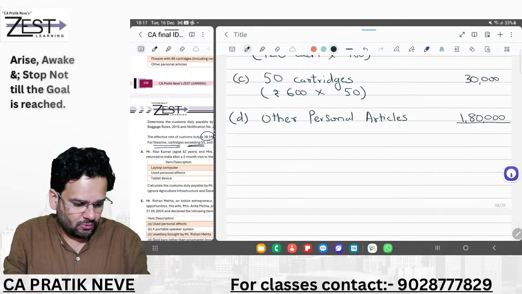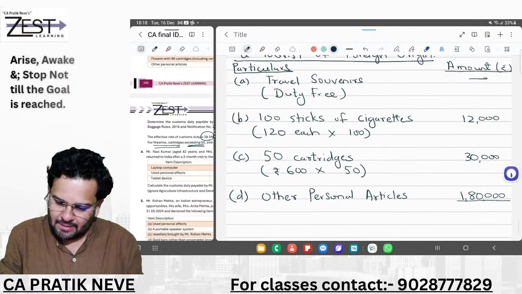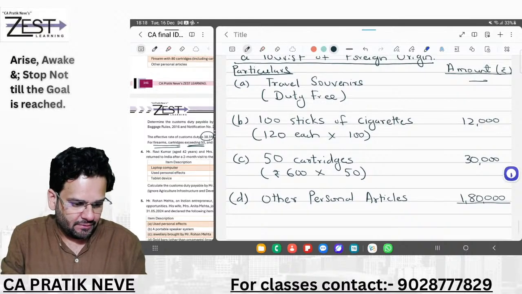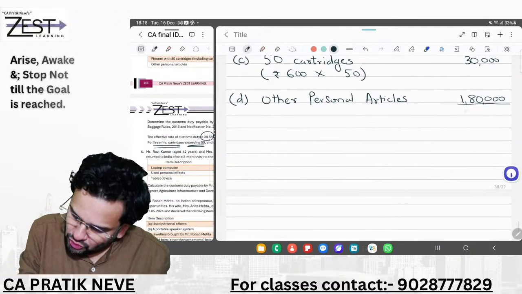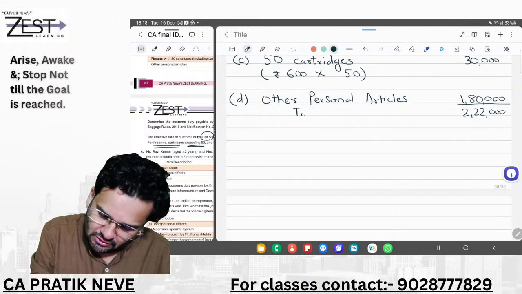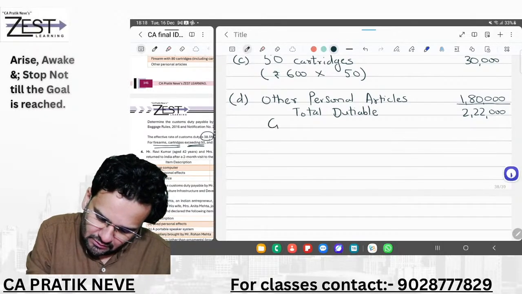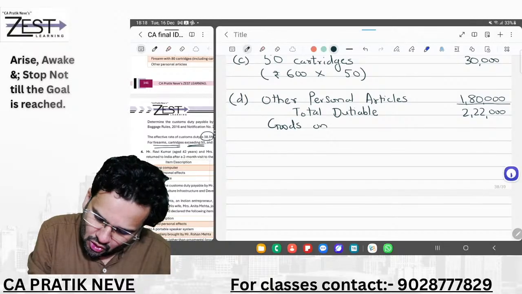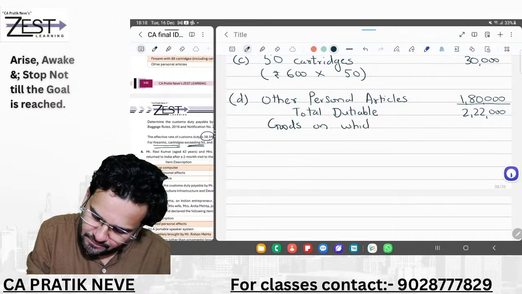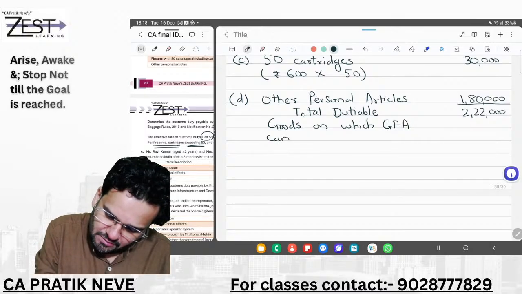Total comes to 180 plus 30 plus 12. It comes to 2,22,000. So this is total dutiable goods on which GFA can be claimed.